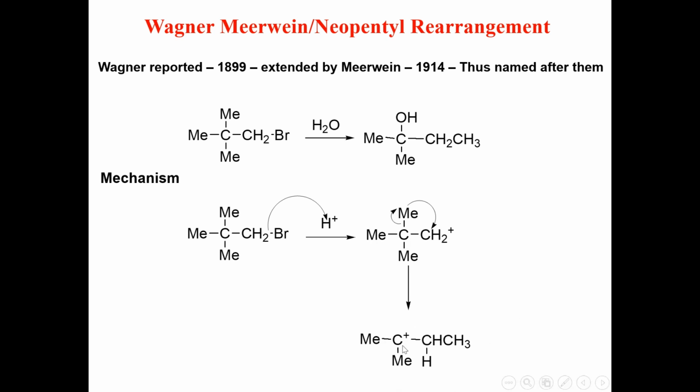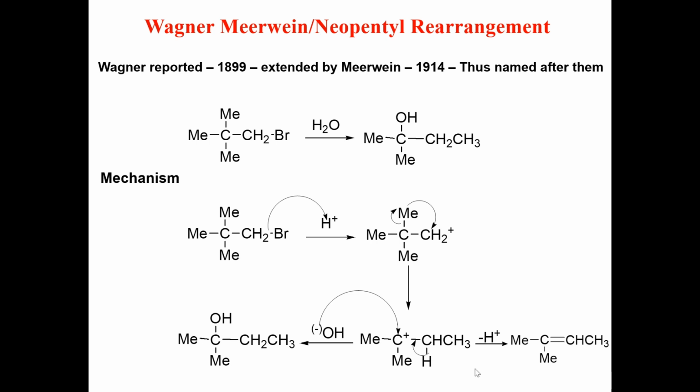On this new carbocation, OH- attacks and I will get the corresponding hydroxy-2-methylbutane. If I don't supply OH-, the carbon-hydrogen bond on the adjacent carbon breaks and those electrons are utilized to satisfy this positive center, giving rise to 2-methyl-2-butene. The formation of 2-methyl-2-butene is an indication that the 1,2-alkyl shift has occurred.